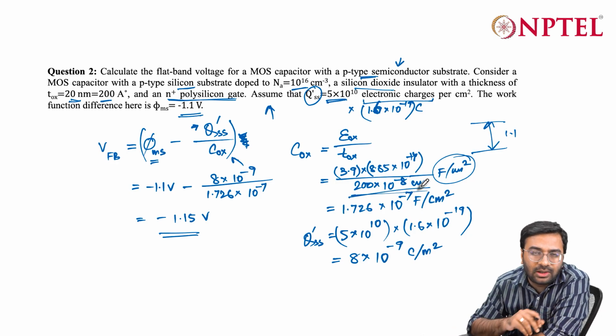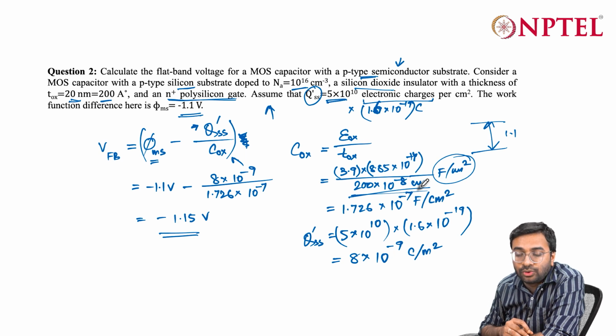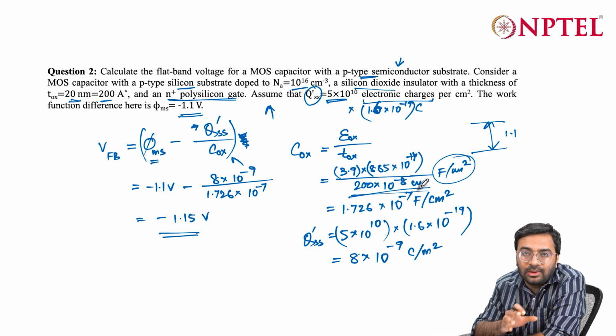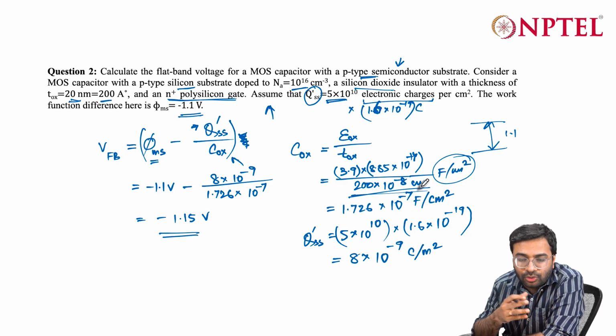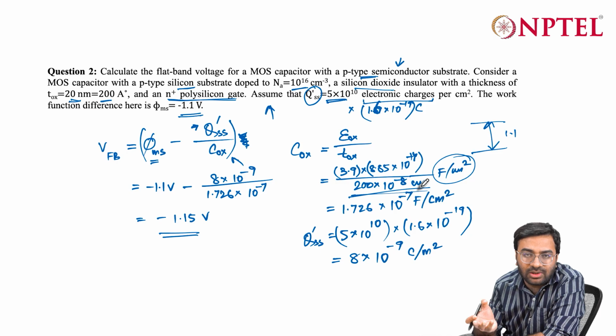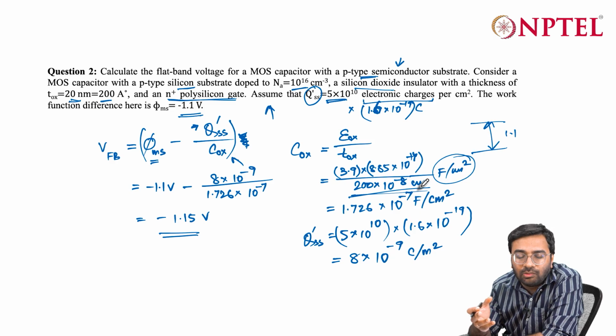In case of the T_ox, we could use meter also, but it depends what the other units present in the question are, meaning units of other parameters. So, if most of the parameters are in centimeter, then if you do it in centimeter, it is much easier. Otherwise, you have to convert everything into meter, and that is additional work.